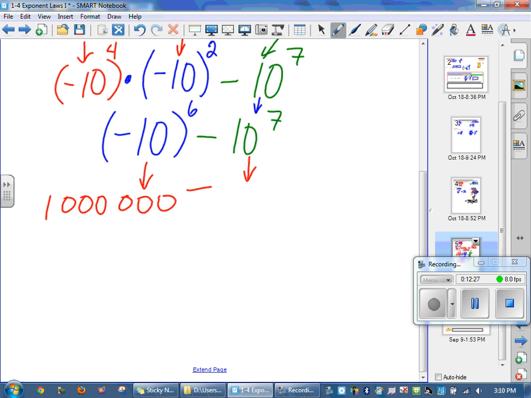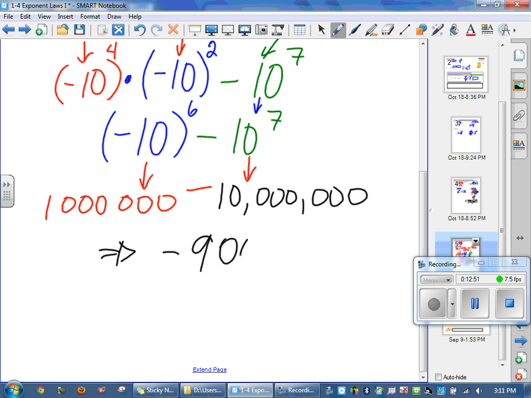So 1 and 7 zeros is 10 million. Now I take 1 million, subtract 10 million. What am I going to get for an answer? Negative 9 million. Good job. So I get negative 9 million as my final answer.